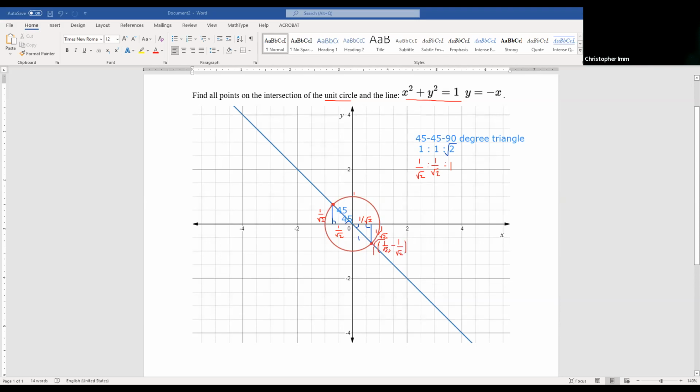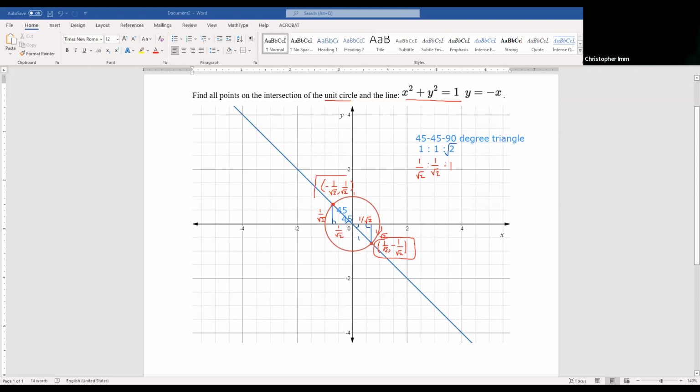So that's going to be one of the intersection points. It's going to lie on the unit circle and also on that line. Whereas in the second quadrant, I'm going to have my x value as negative. So -1 over √2, comma, +1 over √2. These will be my two intersection points.